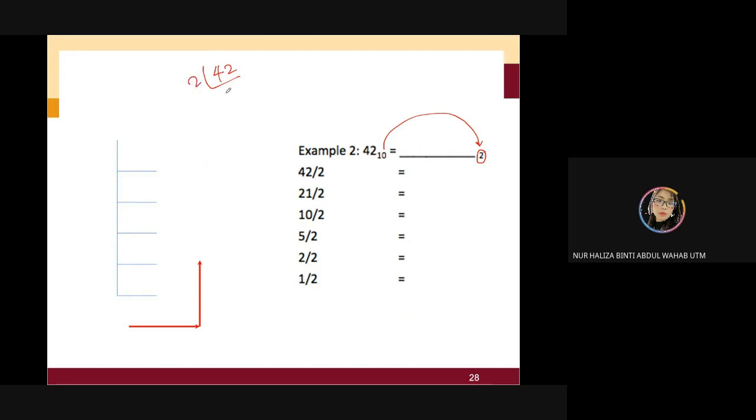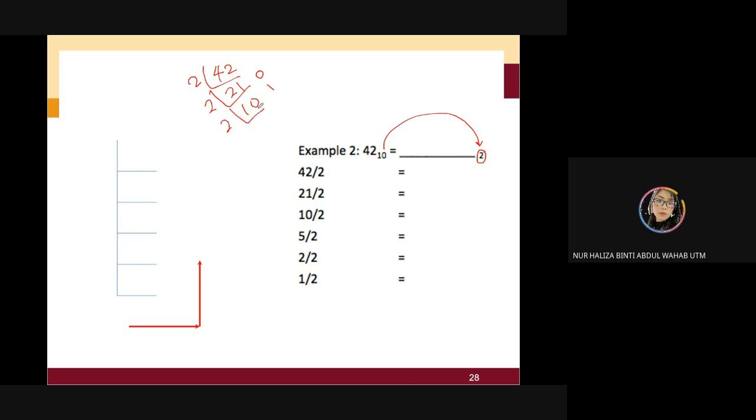You will get 21, and there is no remainder, so the remainder will be 0. You divide again because 21 can still be divided by 2. You will get 10, and your remainder will be 1.